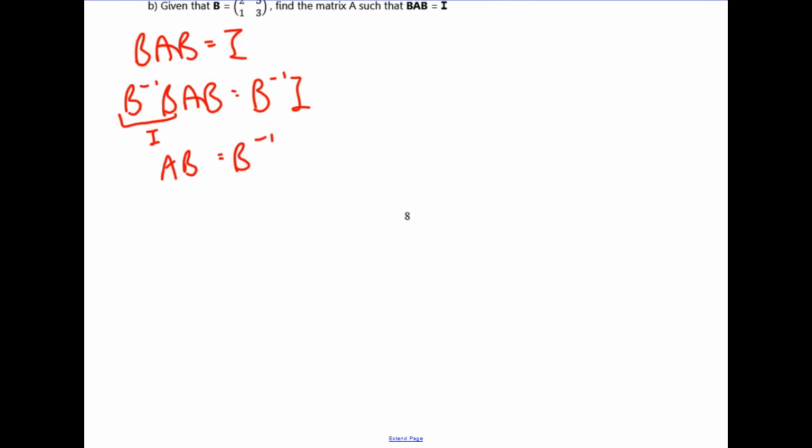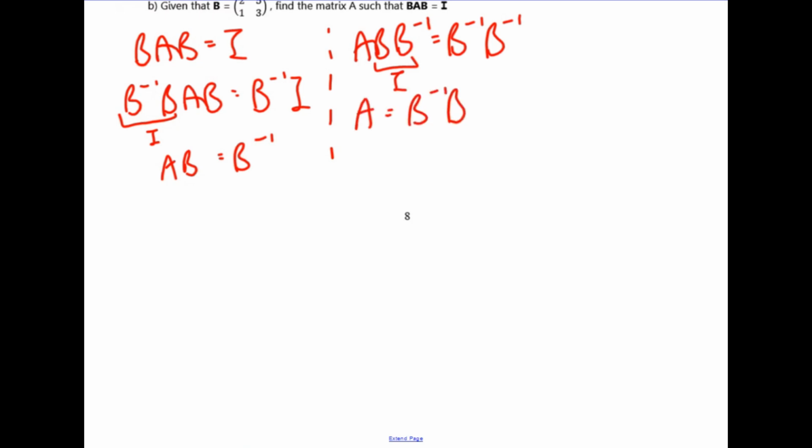B inverse I is just B inverse. So that gives you AB equals B inverse. If we do the same thing, multiply by B inverse on the right, again, B inverse cancels out and gives you I, and so we get the result that we were asked to show. A equals B inverse B inverse.